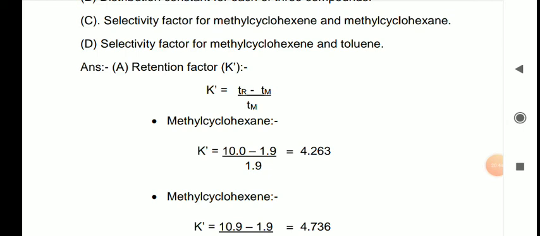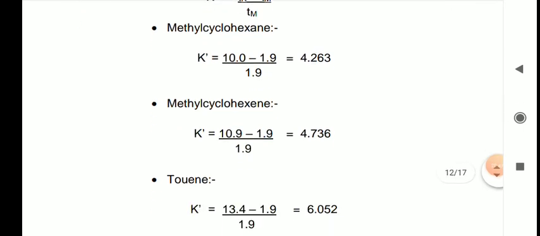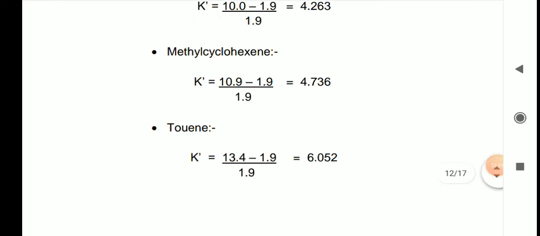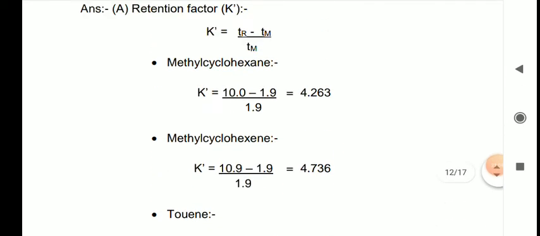For methyl cyclohexene, the retention factor is 10.9 minus 1.9 upon 1.9, which is 4.736. For toluene, it is 13.4 minus 1.9 upon 1.9, so that comes out to be 6.05. So these three retention factors we have calculated.